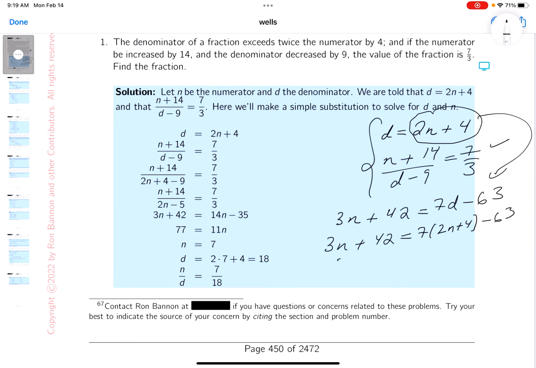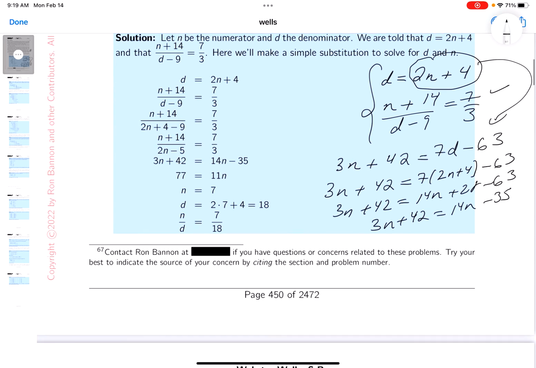Let's take a look at what we got over here. 3n plus 42, this is going to be 14n plus 28 minus 63. I got some more work to do. 3n plus 42 equals 14n, and let's see, 28 minus 63 is minus 35. Wow, I got some work to do, don't I?